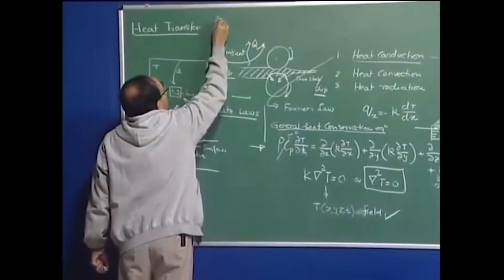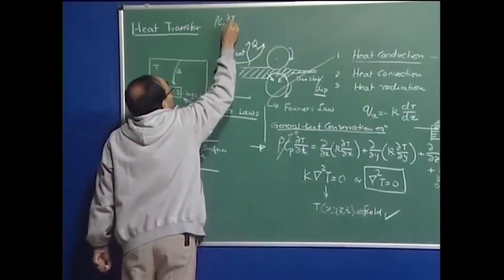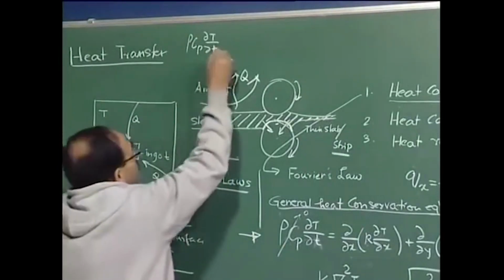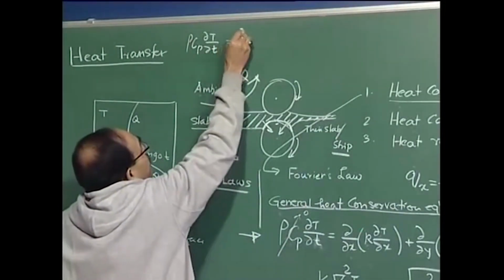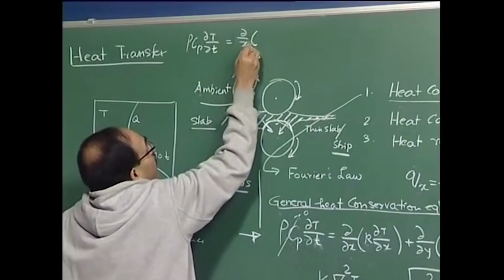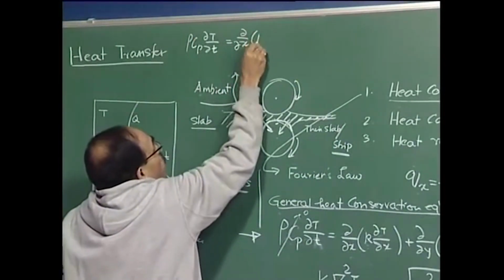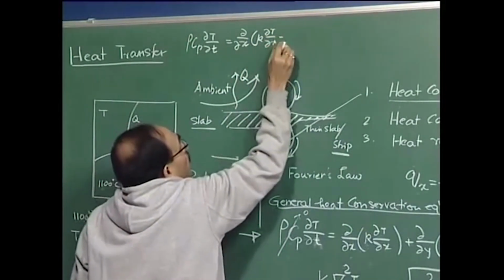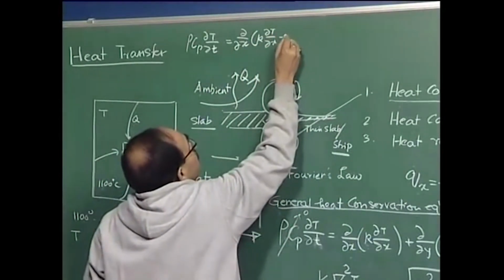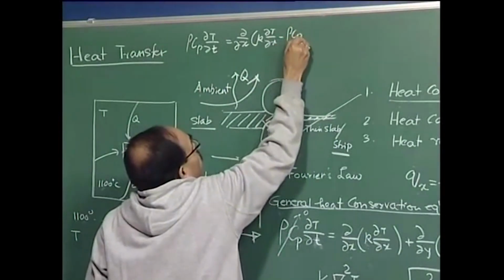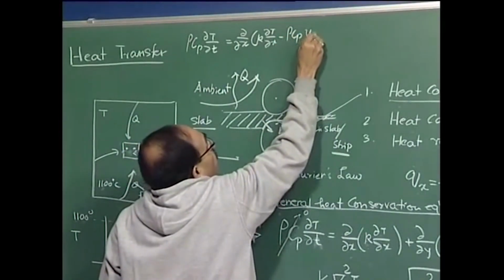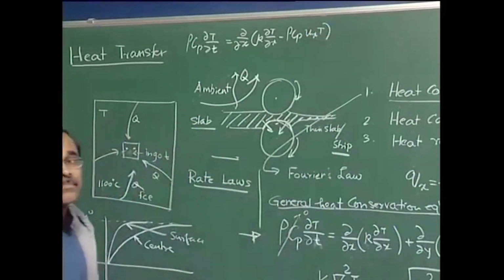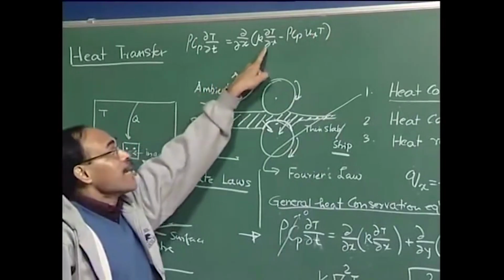So, I have the same term rho Cp, this is the accumulation term, then I have, basically we write it like this. This now represents the net heat flux.